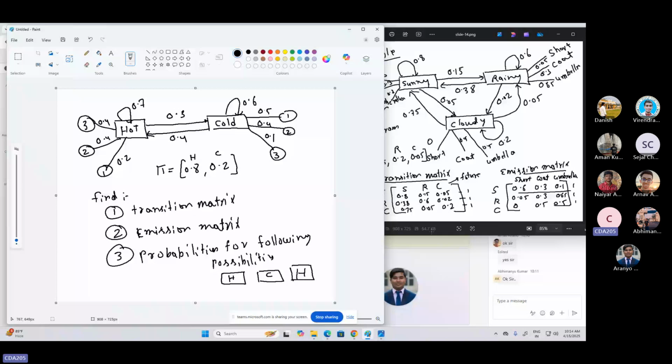It eats 1 ice cream, 3 ice cream, 1 ice cream. Calculate it.